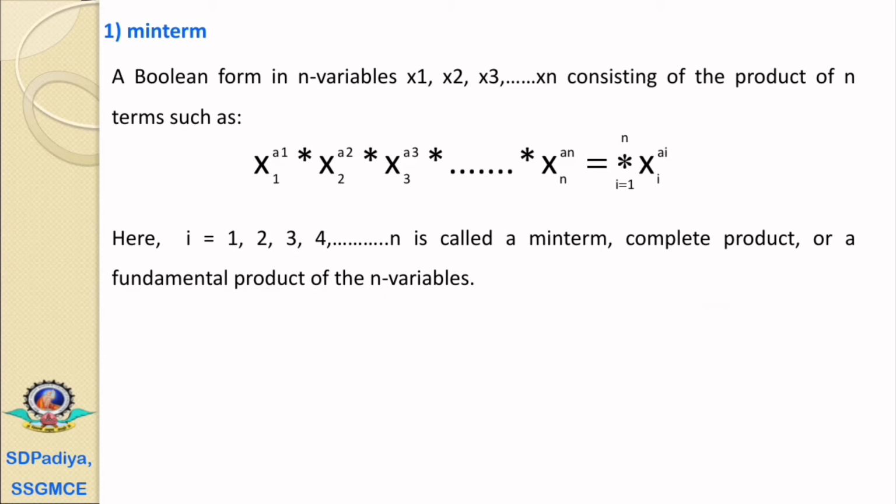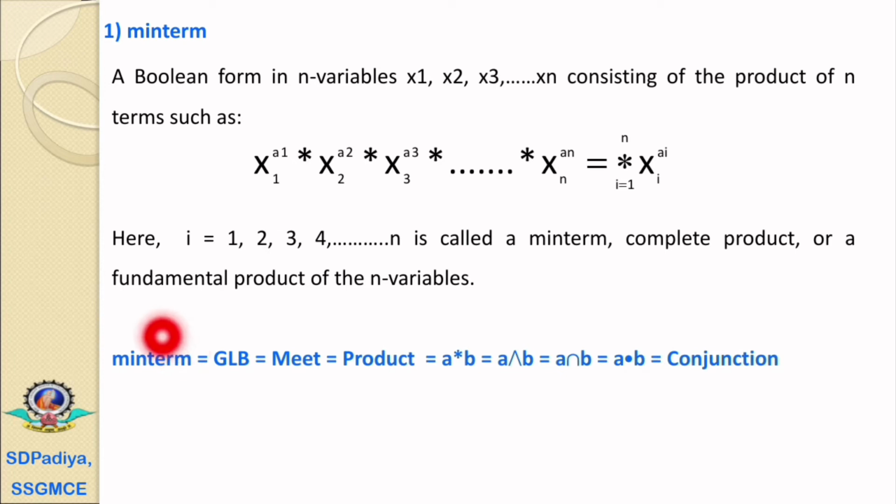In the video where we discussed the sum of products and product of sums, we already discussed the elementary product and elementary sum. This elementary product term is what we call a min term.